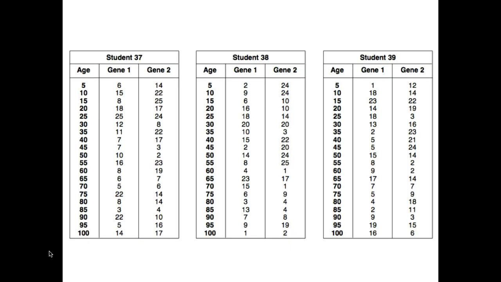So each one of you has a little sheet that looks like this with a student and a number ranging from 1 to 40. In the 3 columns, it shows their age and gene 1 and gene 2. There is a theory of the one-hit, two-hit hypothesis when it comes to gene mutation and causing cancer. The one-hit is pretty self-explanatory.